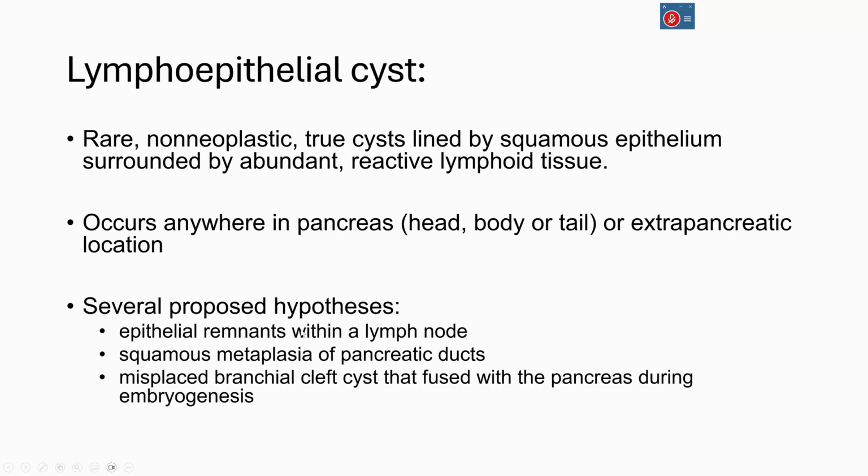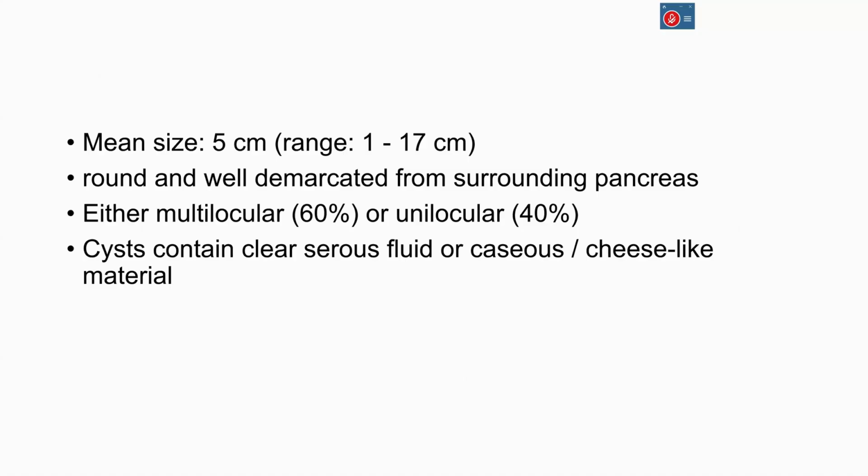The pathogenesis is not clear. There are some theories, like it might be arising from an intrapancreatic lymph node, or squamous metaplasia of pancreatic duct, or misplaced branchial cleft during embryogenesis. These are some hypotheses for how it arises from pancreas.